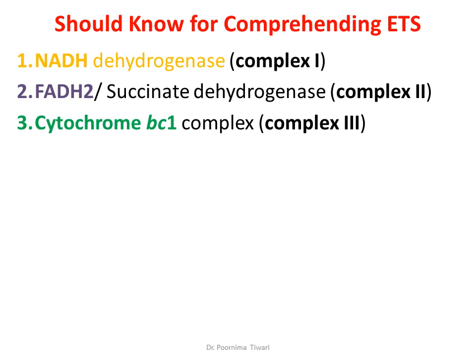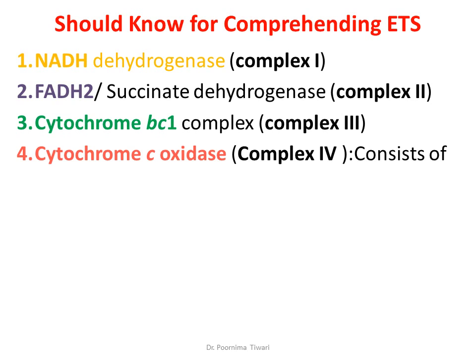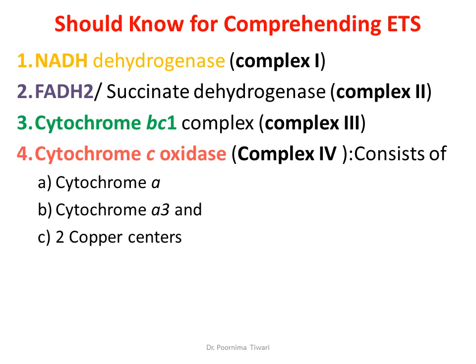Complex 3 is the cytochrome BC1 complex, and complex 4 is cytochrome C oxidase, which consists of 4 parts: cytochrome A, cytochrome A3 and 2 copper centers. Complex 5 is ATP synthetase.